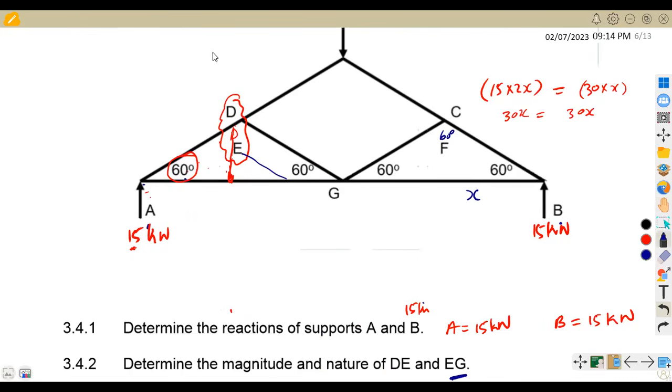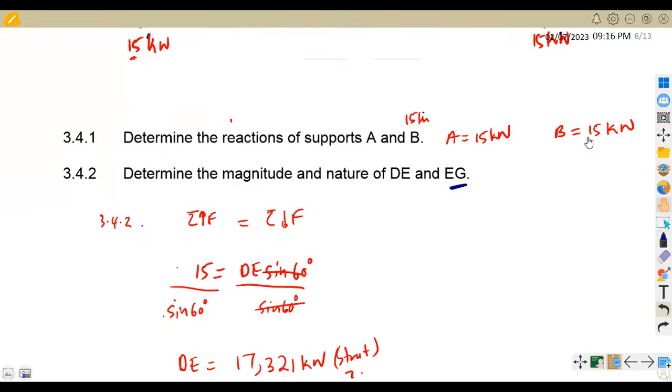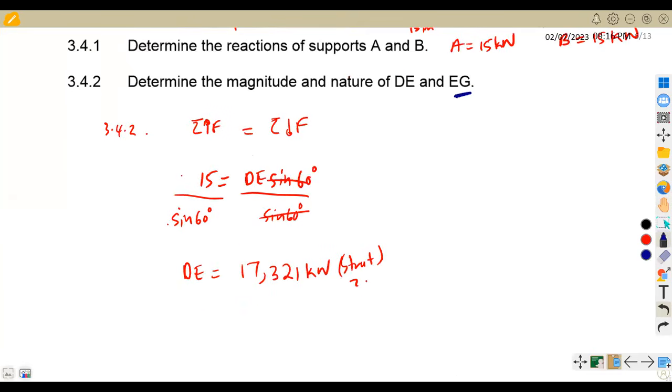For EG, we are going to work with the horizontal component. Every horizontal component, we know, works with cos, so we are going to have the cos of theta. For the horizontal, we are going to take the forces on the right side and the forces on the left side.